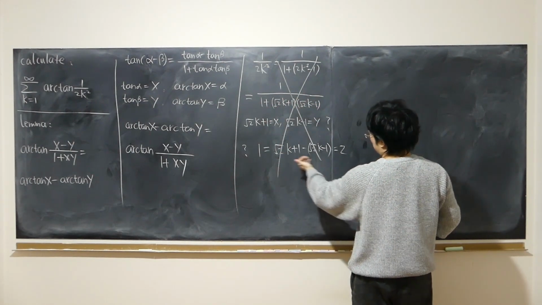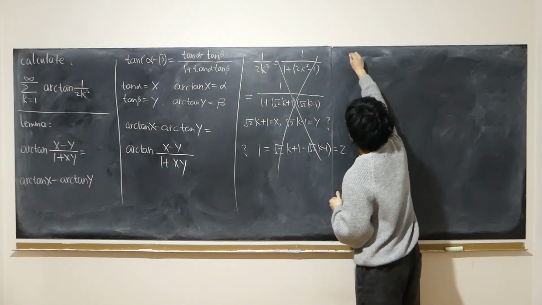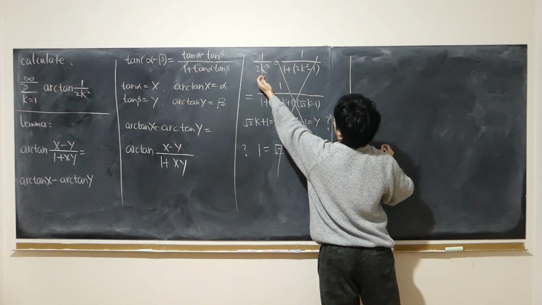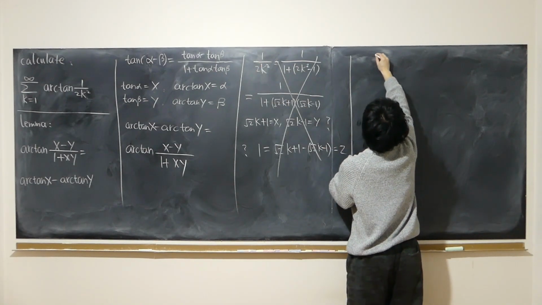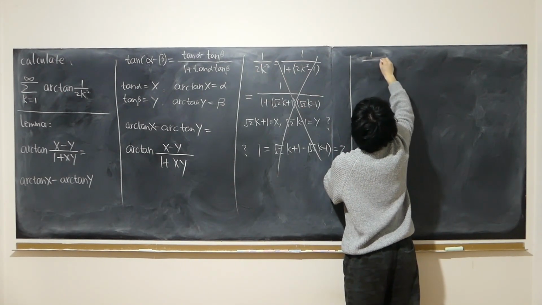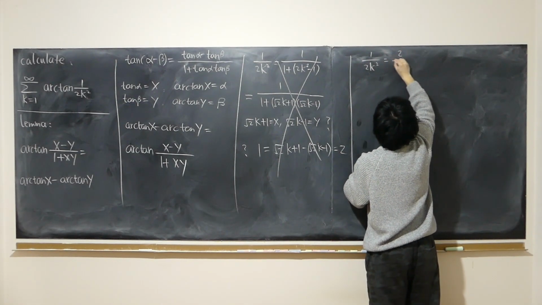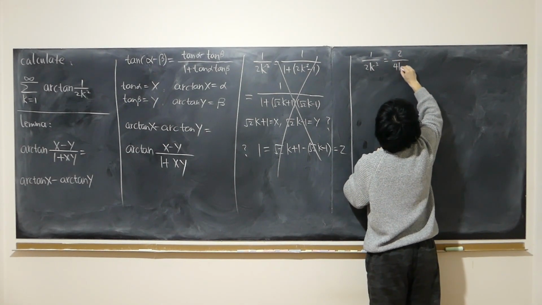Since I have 2 instead of 1, that motivates me to multiply by 2 on both top and bottom. So in other words, 1 over 2k squared can be written as 2 over 4k squared.